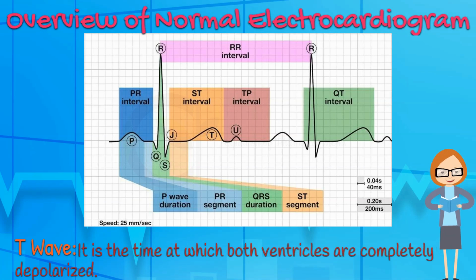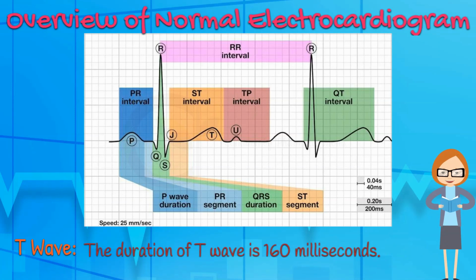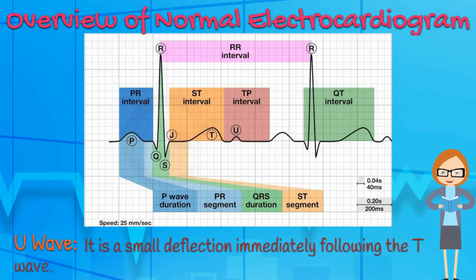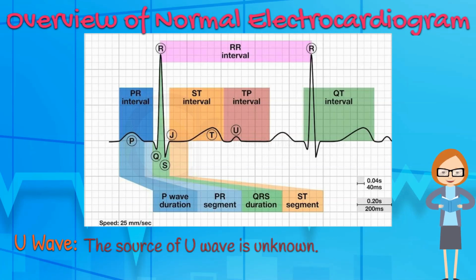T wave is the time at which both ventricles are completely depolarized. The duration of T wave is 160 milliseconds. The U wave is a small deflection immediately following the T wave. The source of U wave is unknown.